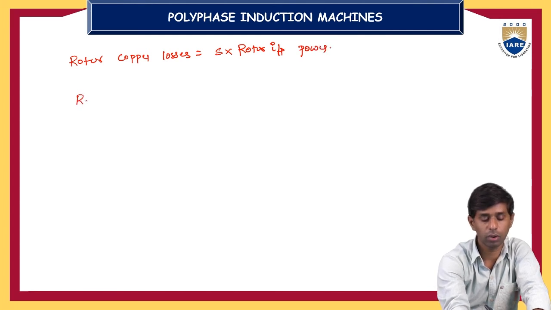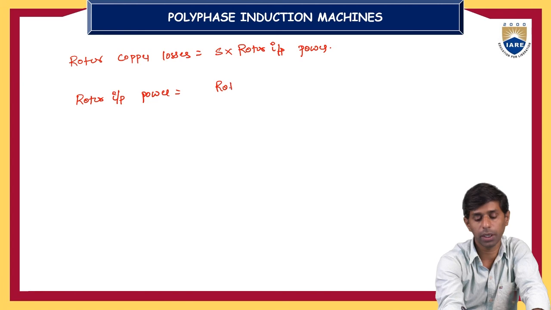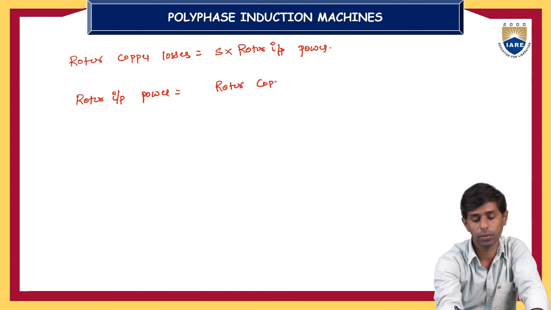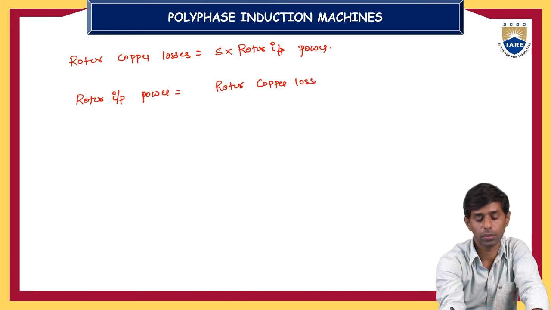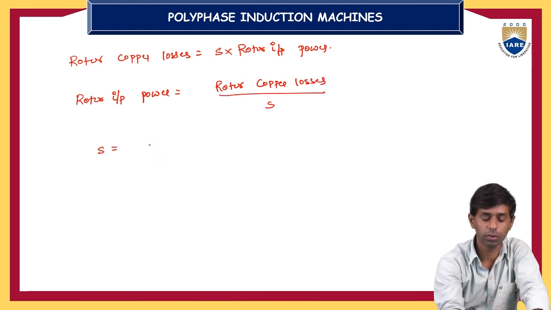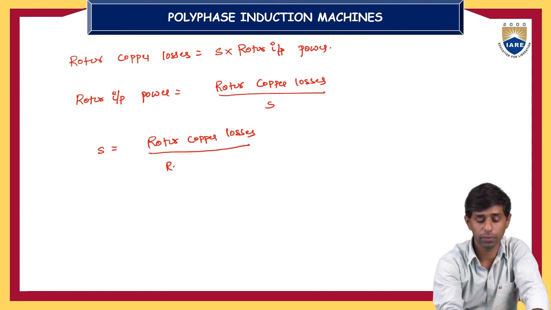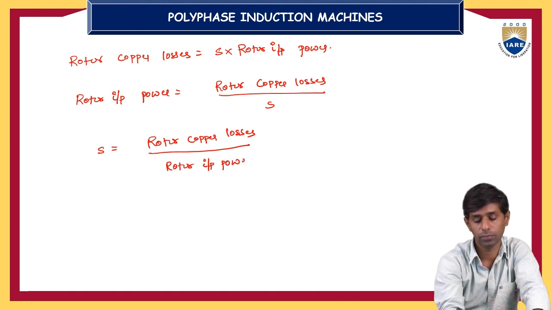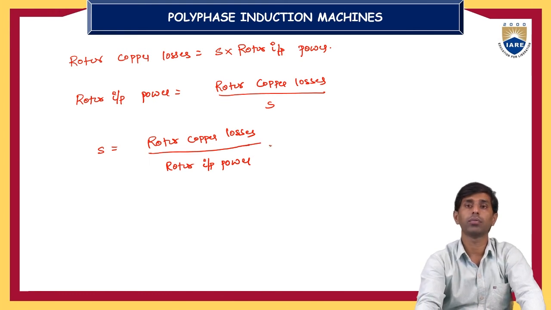So you can find out the rotor input power is equal to rotor copper losses by s. You can also find out the slip is equal to rotor copper losses by rotor input power. We can also find out slip.